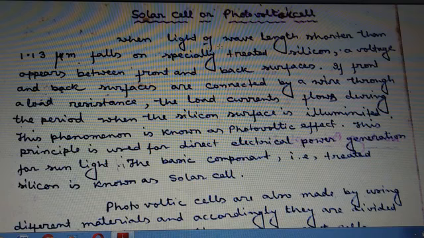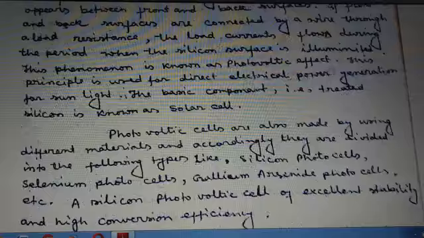If the front and back surfaces are connected by a wire through a load resistance, then the load current flows during the period when the silicon surface is illuminated. The phenomenon is known as the photovoltaic effect. This principle is used for direct electrical power generation from sunlight. The basic component, that is treated silicon, is known as the solar cell.